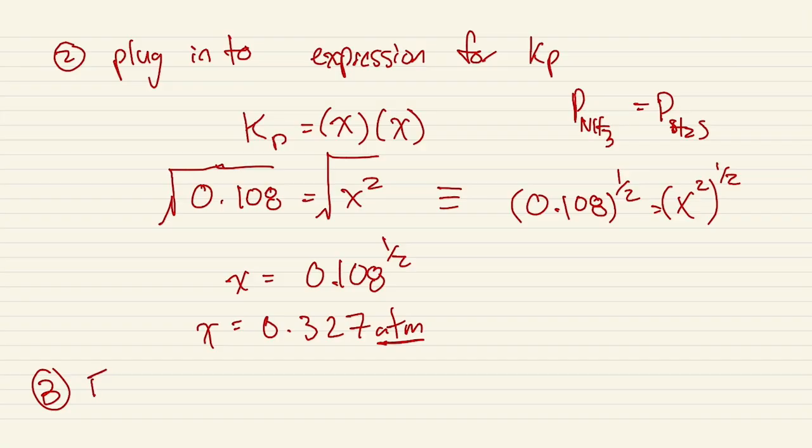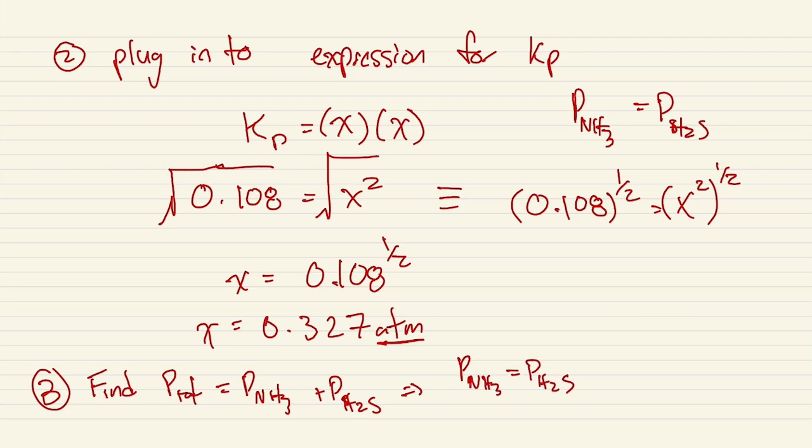So we find the total pressure, which is equal to P NH3 plus P H2S. And then we know that P NH3 equals P H2S, and those equal X. So this is just 2X if we just add those two values together.